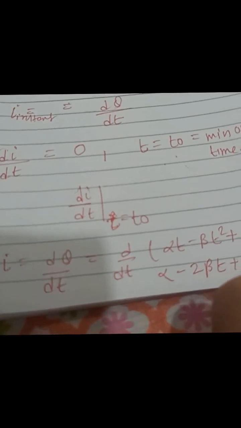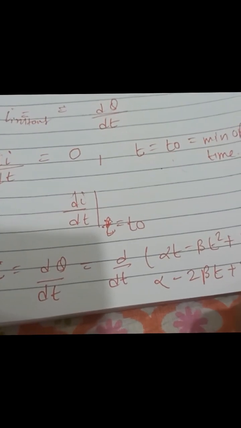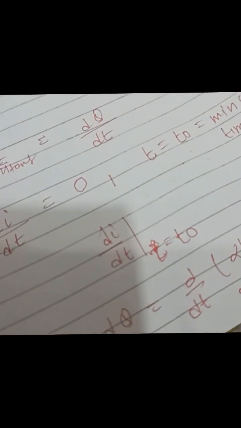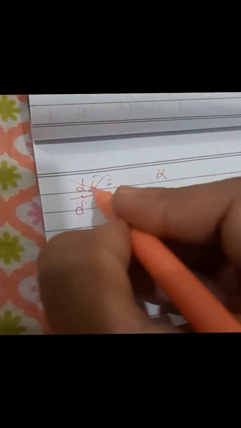Differentiating with respect to t, it will become alpha minus 2 beta t plus 3 gamma t square.